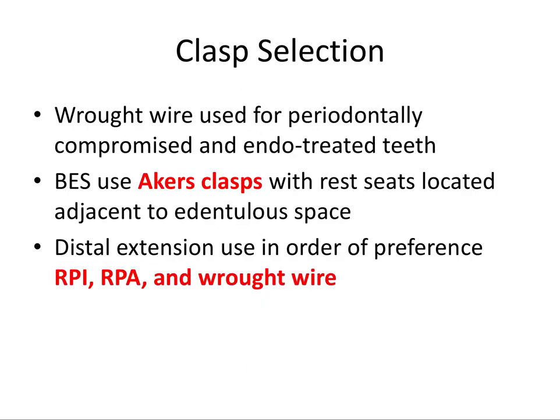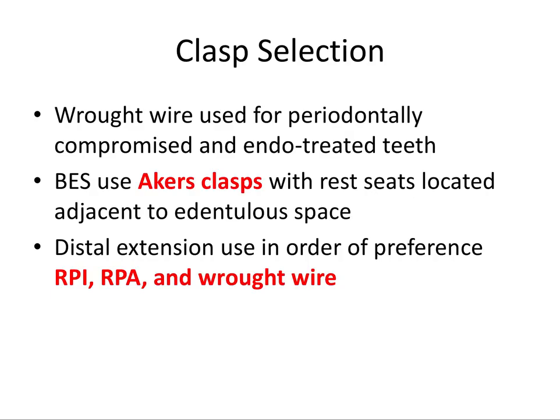So clasp selection is very important when you're talking about treatment planning and how you're going to design a partial before it's delivered. And we have this concept I haven't talked about yet called the wrought wire. Wrought wire is basically more flexible than a typical clasp design that we've seen previously, and it's separately positioned and soldered onto the metal framework.